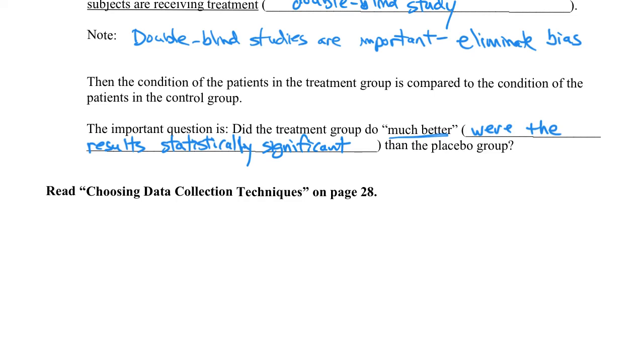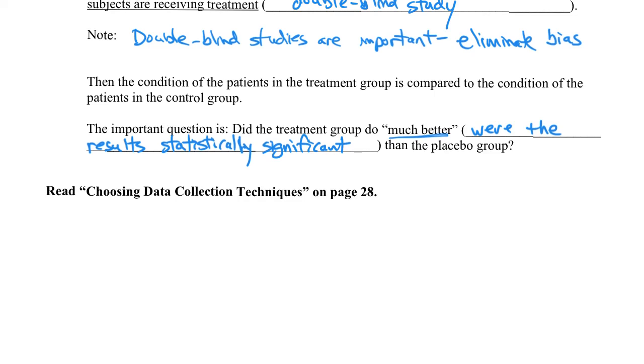Because remember, the placebo group should show some improvement from the placebo effect. The treatment group has to do much better than that, and we'll talk more about this when we have some tools to work with. And essentially we're saying that the results were statistically significant, which means it's unlikely to have occurred by chance. Right?